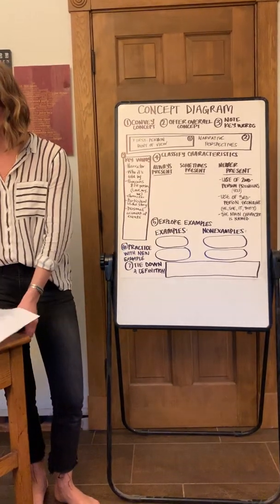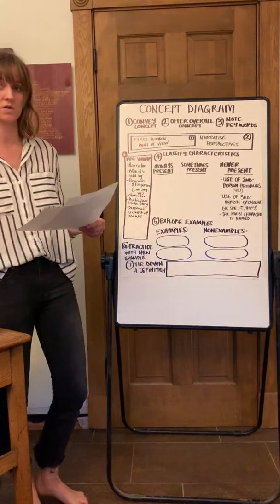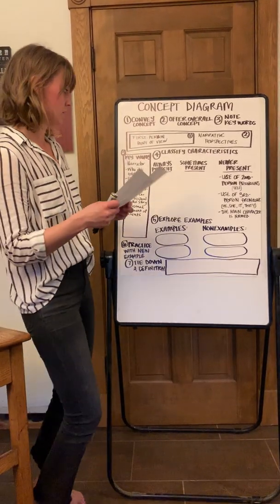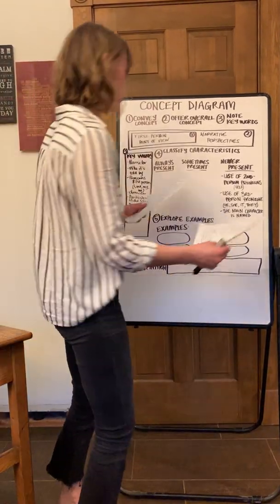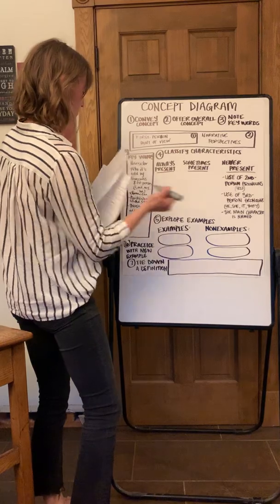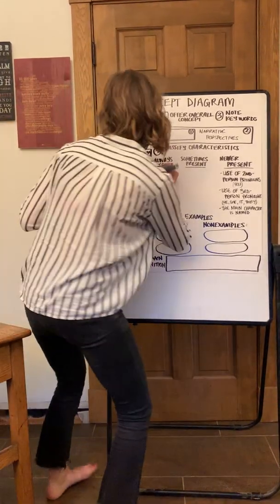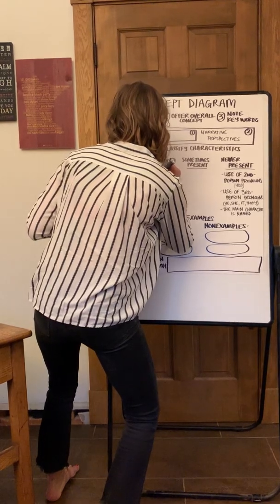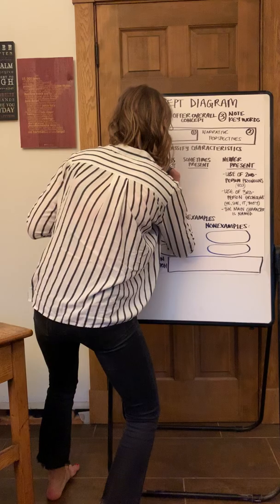If the narrator is a character in the story, it's being told in the first person point of view. Do we all agree that this is true? Yes. Okay, so the always present characteristic would be narrator is a character.